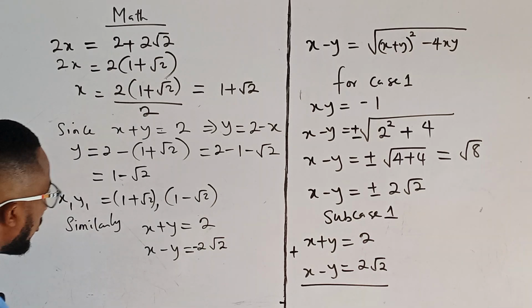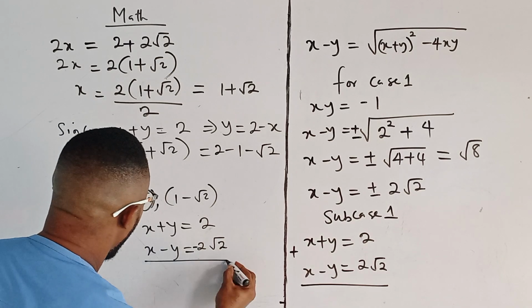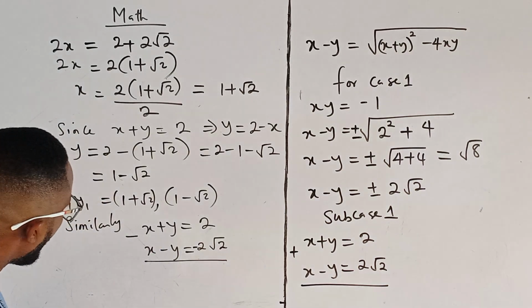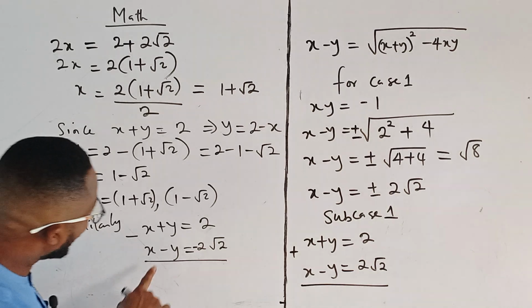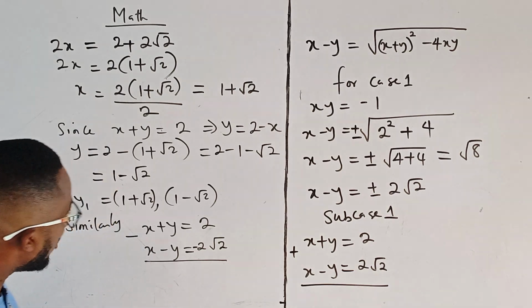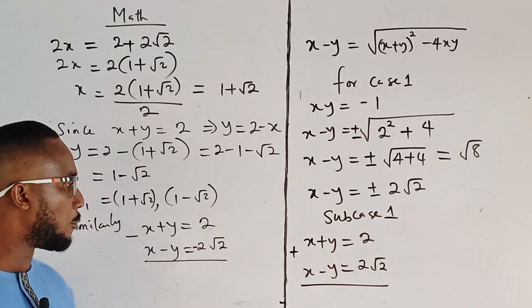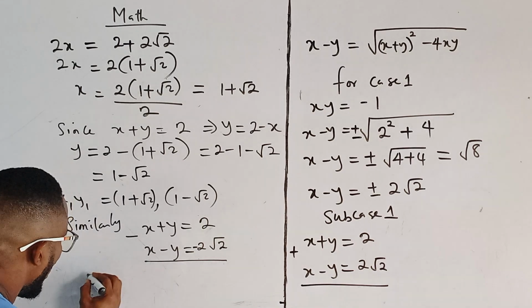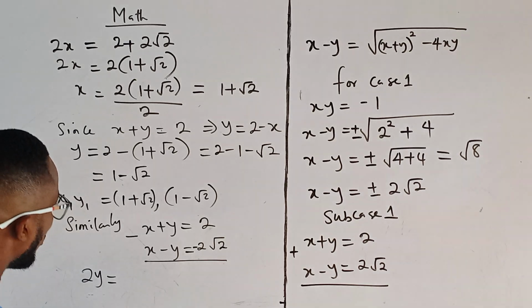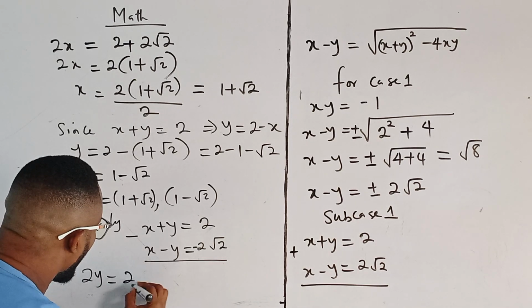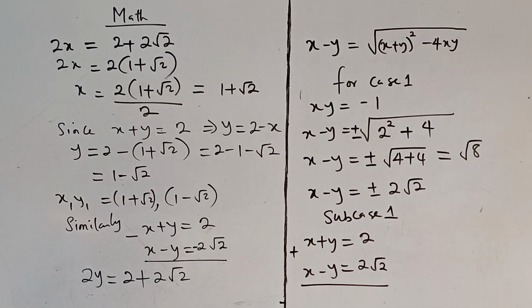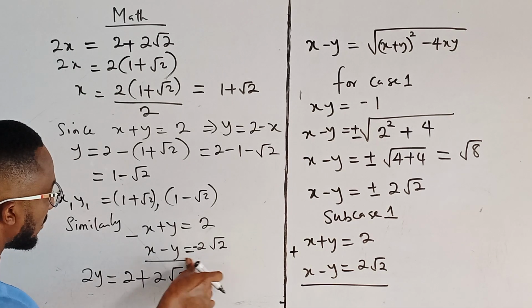Then I am going to subtract these two equations. Because of the negative sign here, I will say subtract equation 2 from equation 1. Then that's going to give us 2y equal to, okay, 2 plus 2 rad 2.